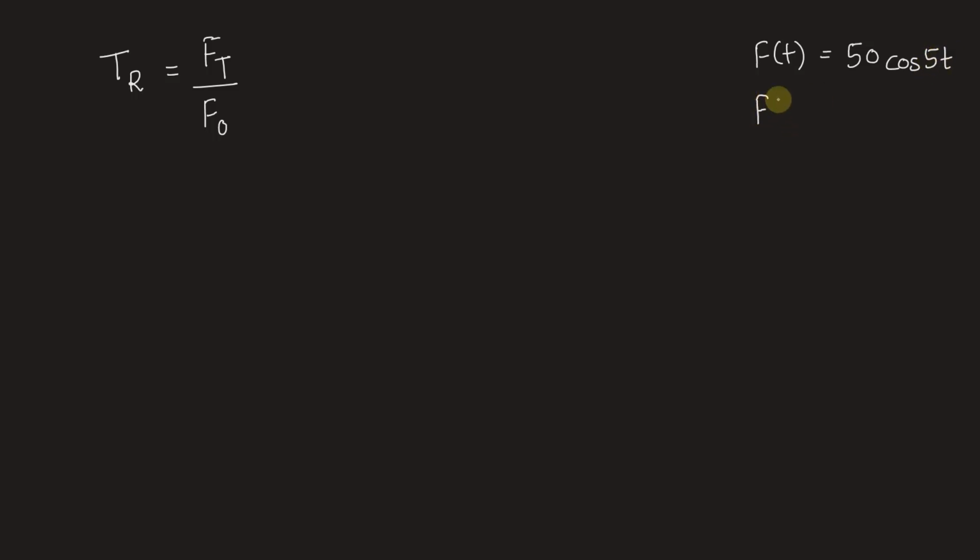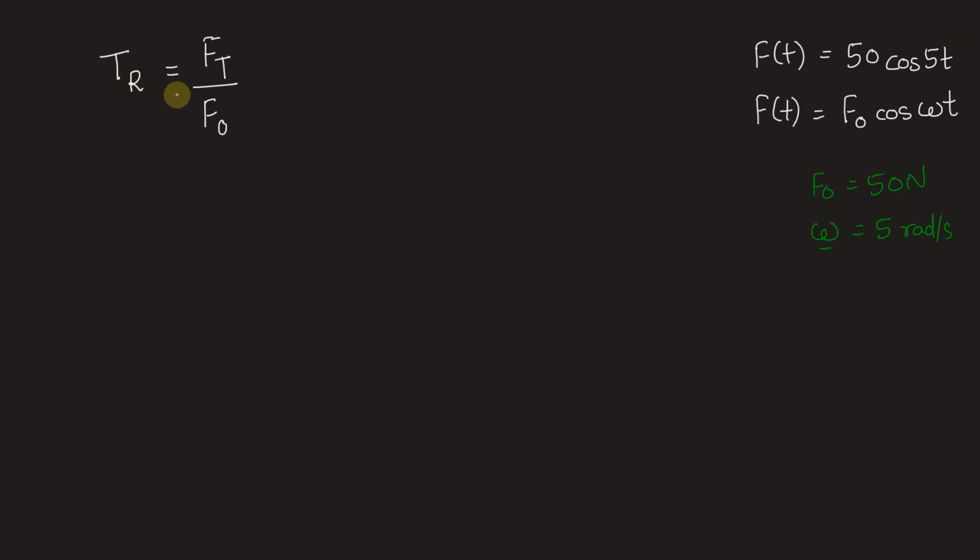If we compare this to the general expression of applied load, F naught cos omega t, F naught is 50 Newton. It is given that the force is in Newton, so F naught is 50 Newton and omega is 5 rad per second. This is the exciting frequency.